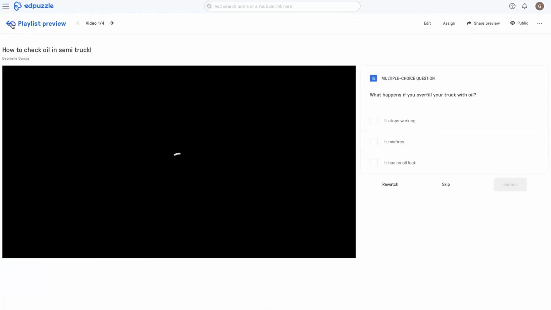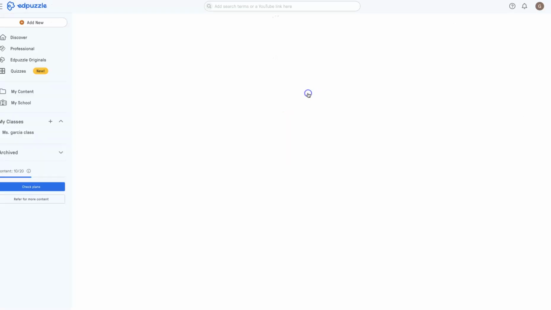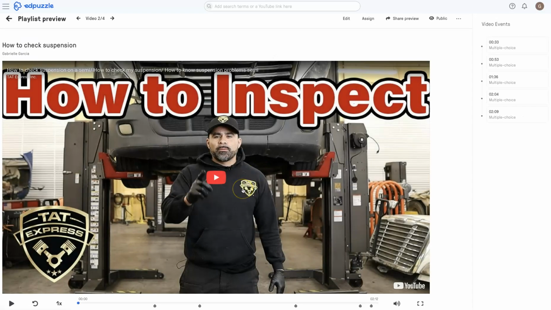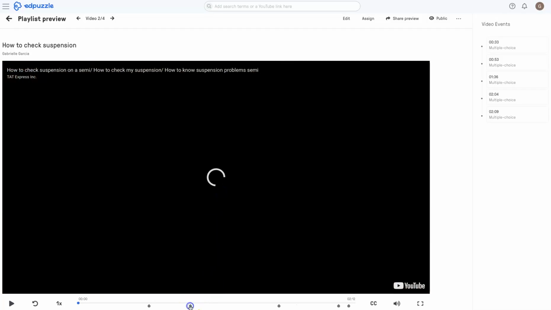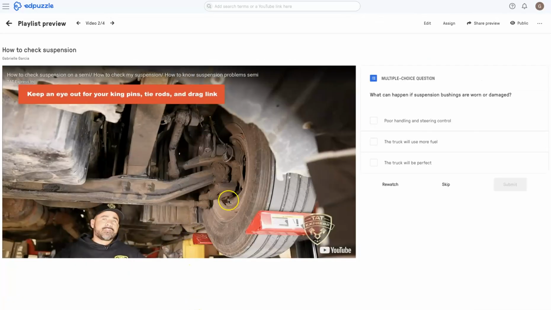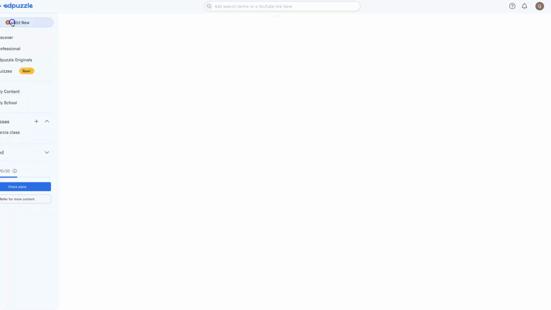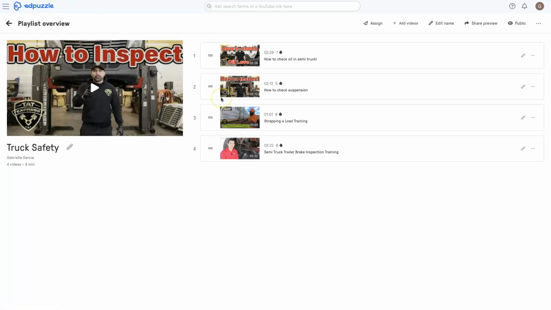That way they have an understanding of what the trainees or the workers would be seeing. And the same thing, all of them are playable. They can see every single question. And I think having this preview and not having it set in stone would really help the stakeholders understand what it would look like.